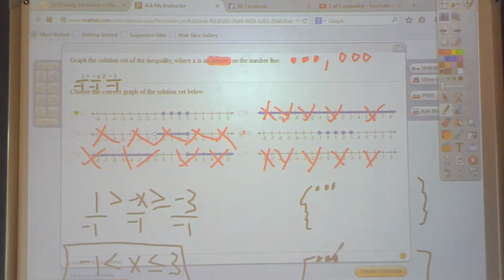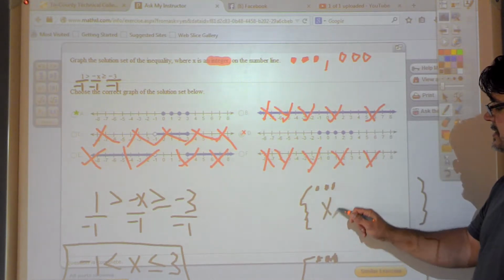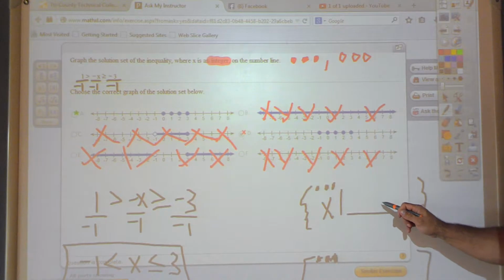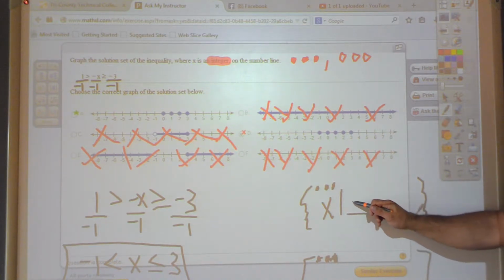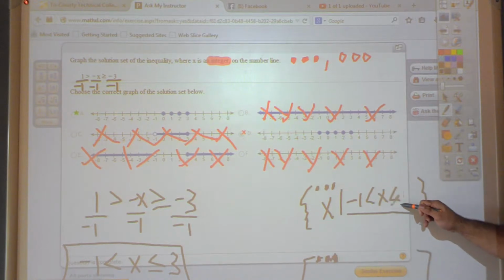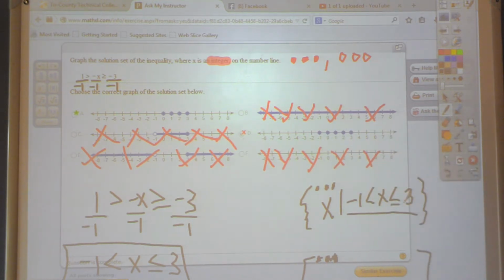So, here in set builder notation, I told you to write x such that, and then a blank, and then here you write the answer: -1 less than x less than or equal to 3. And then here, which one is it? Is it D or is it A?